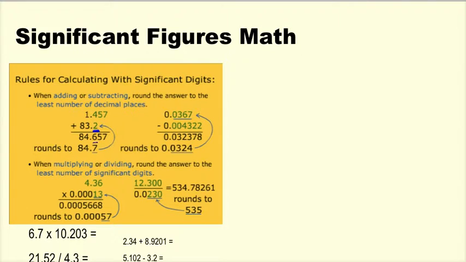That means that this 6 is also estimated. Because it's a 5 after it, we rounded it up to 0.7, in order to keep these sig figs correct. This number right here, that 7 was estimated. That means that this 3 was estimated. The number after it is a 7, so we rounded up to a 4 and kept the rules for sig figs. Let's do the example problems with that.